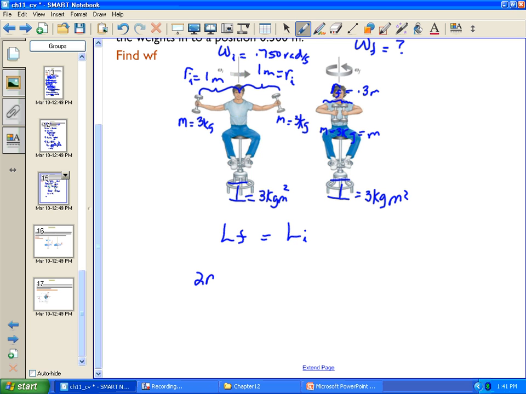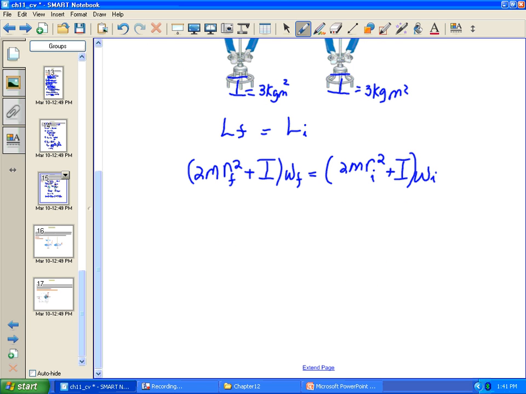So 2m times r final squared plus the moment of inertia of the stool and the torso, times omega final, equals 2 times m r initial squared, the 1 meter distance, plus I, that I has not changed, times omega initial. So we're solving for omega final.